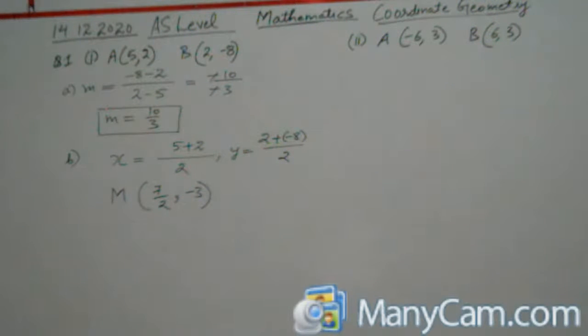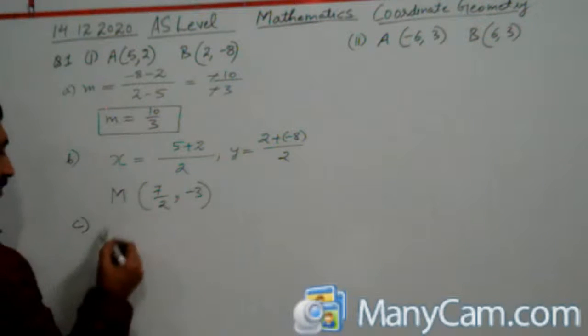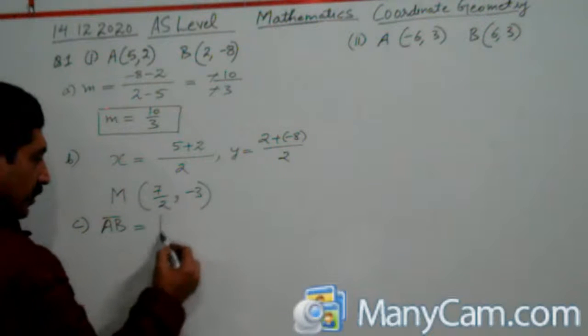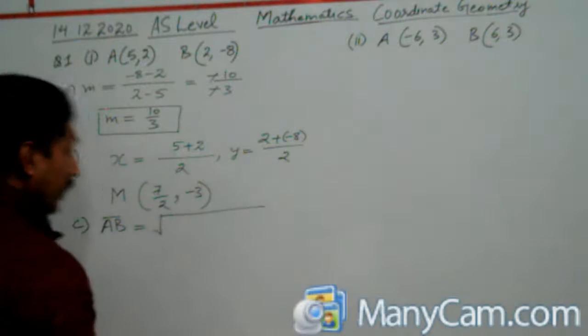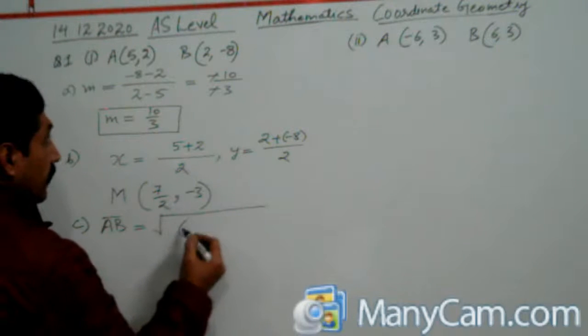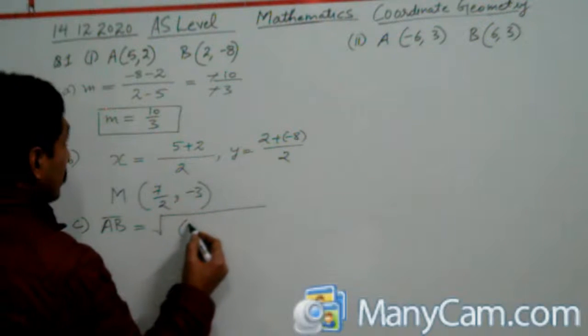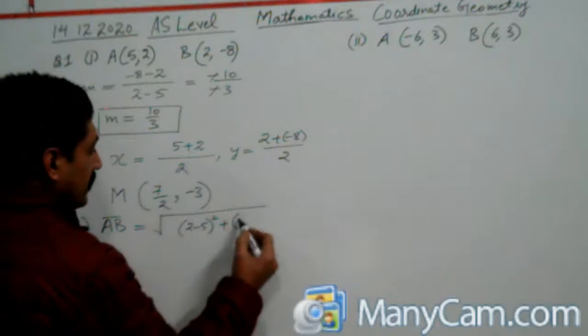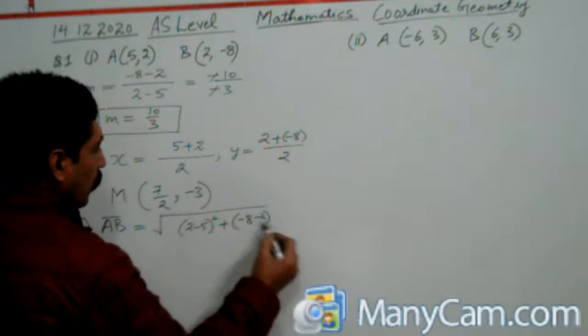Next, the distance AB. We are interested to find the distance AB. Distance AB is under root x2 minus x1, so here that is 2 minus 5 whole square, plus y2 minus y1, minus 8 minus 2 whole square.